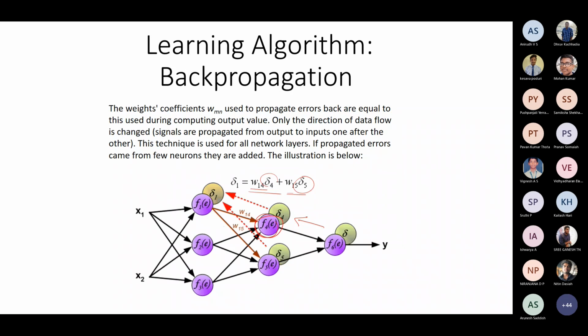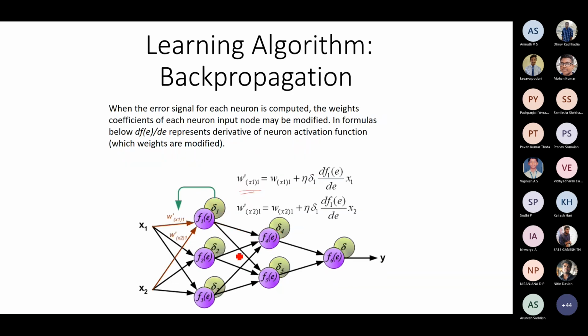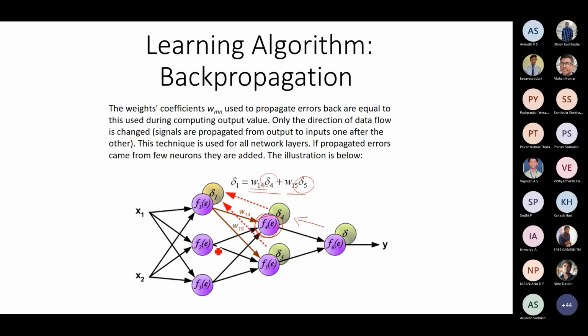Now again, this delta 4 and delta 5 were derived from W14 and W15. Similarly, delta 2 will be W24 and W25 into delta 4 and delta 5, and delta 3 will be W34 of delta 4 plus W35 of delta 5. That will be delta 3.